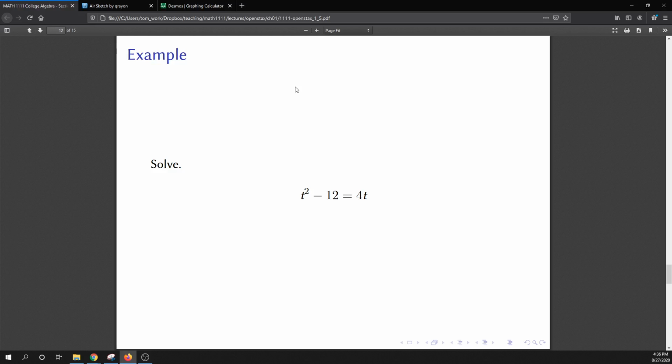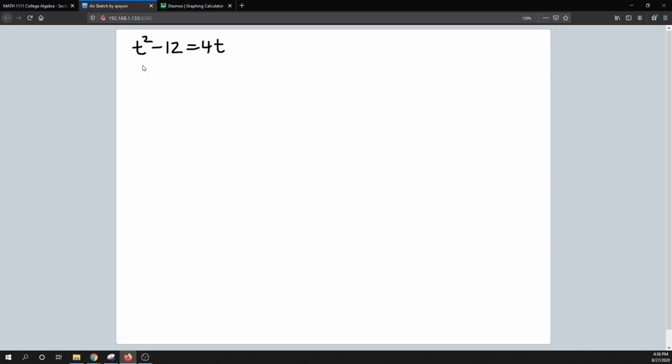All right, let's take a look at an example of how this would go. Our first example here is t squared minus 12 equals 4t. Looking at this equation, we can see right off the bat that it is a quadratic, because of the 2 up here. A linear equation will not have this squared.